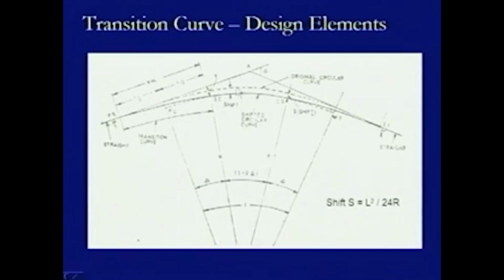And this amount by which it is to be displaced is known as shift, and this shift is computed by this formula, S is equal to L square divided by 24 R, where L is the length of the curve and R is the radius. So, using this formula, we can shift the whole of this circular curve downwards, and this is how it connects to the transition curve on this side as well as on this side here.